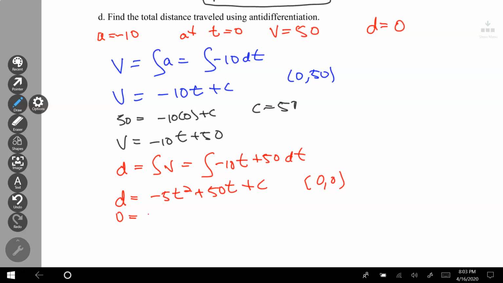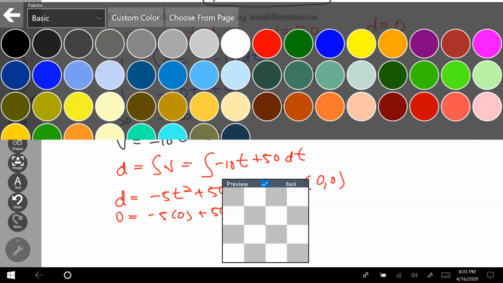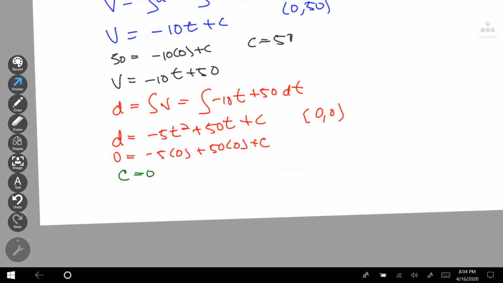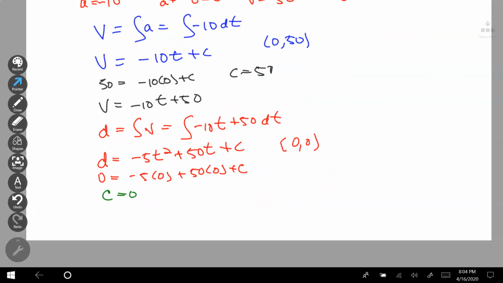I plug that all in, and I get c equals 0. And I have my equation is now d equals negative 5t squared plus 50t plus 0.